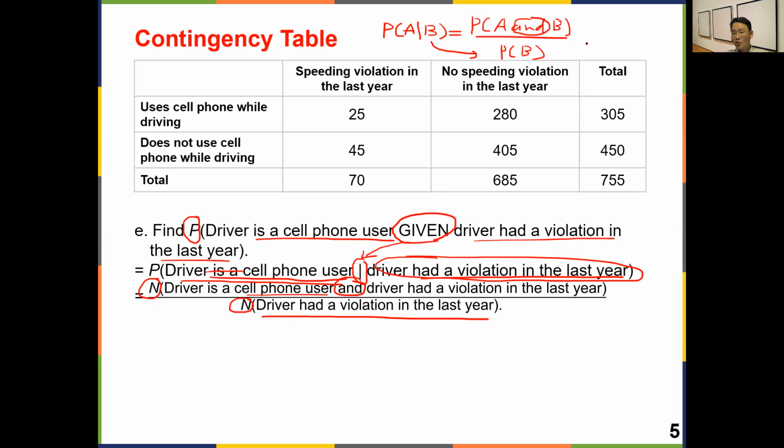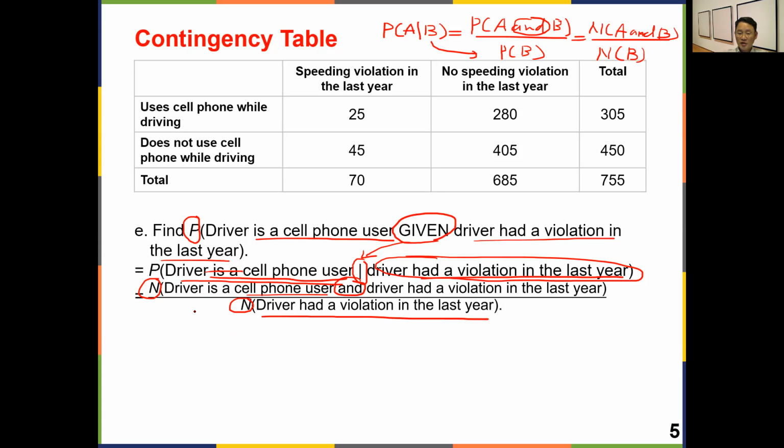Meaning, when you are dealing with the contingency table type of question, you can rewrite this formula as N of A and B over N of B. That N means how many of them are in B. So that P, you can rewrite as N, and N refers to not necessarily the probability, but the actual number.